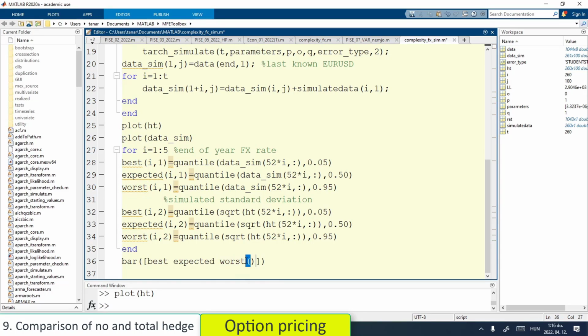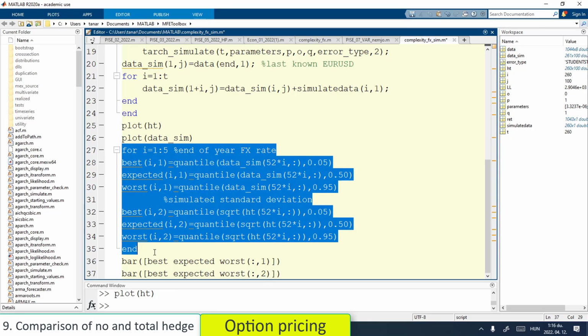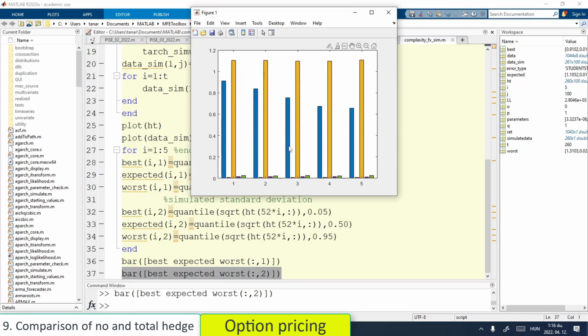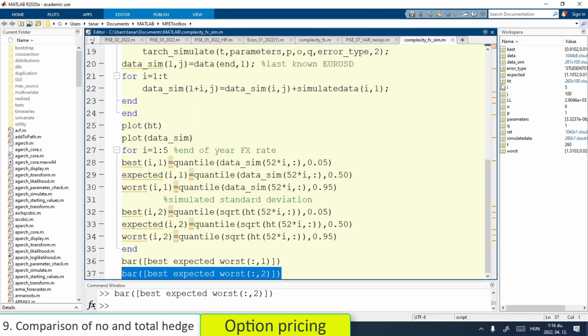Second. Oh, we don't have an error message, which is good. Then let's see what happens. Whoa, with volatilities.